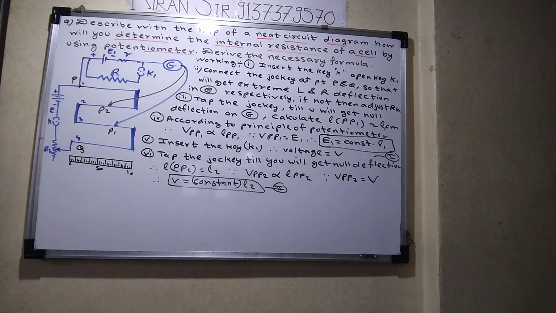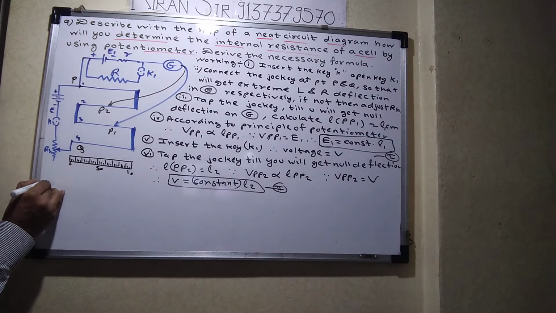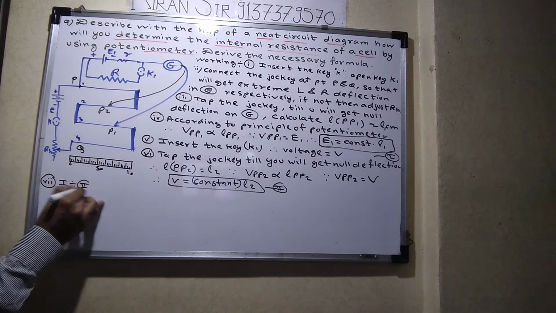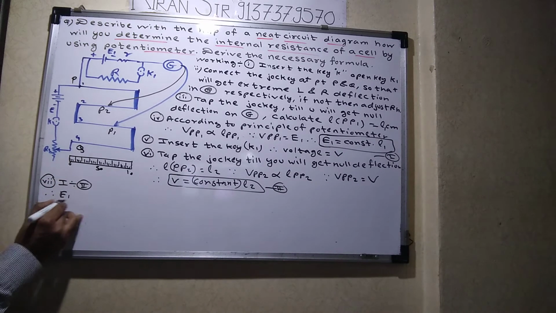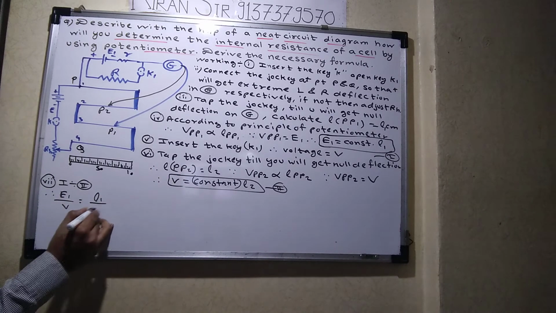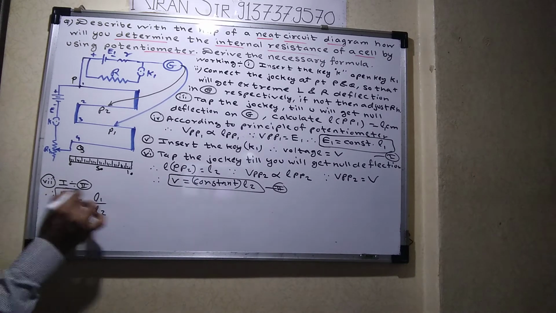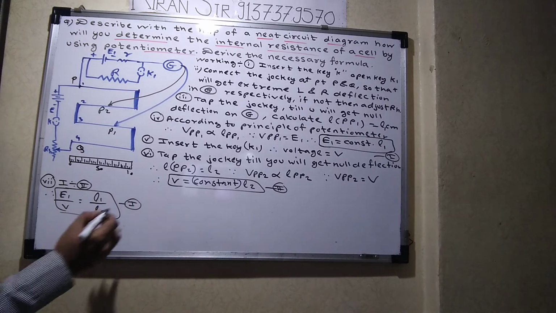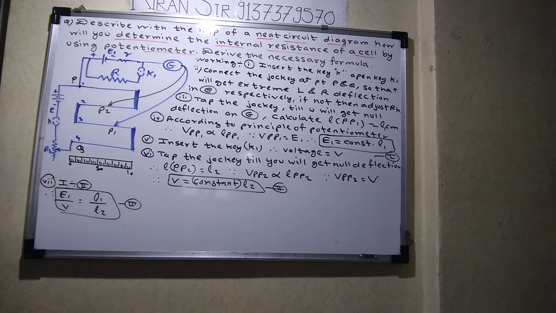Now we have to do some mathematical proportion. All of you concentrate, students. If I divide 1 by 2, I will get E1 upon V equals L1 upon L2, as the constant will get cancelled. This is equation number 3.